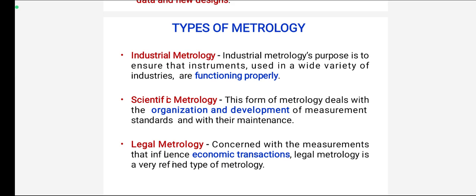Second, scientific metrology. This form of metrology deals with the organization and development of measurement standards and with their maintenance. And third, legal metrology, concerned with the measurements that influence economic interactions. Legal metrology is a very refined type of metrology.